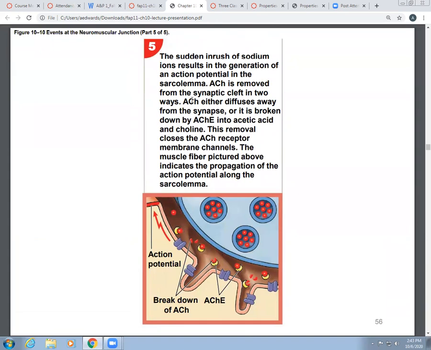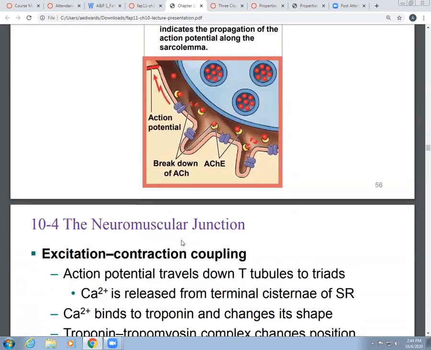So either acetylcholine can diffuse and go away from the synapse because the concentration is high here and low somewhere else, or it can be broken down by these structures here, acetylcholinesterase. Okay, and that allows that motor end plate to be stimulated again. Because if you're just full of neurotransmitter, those channels are going to stay open all the time. So there's some negative feedback there, okay?